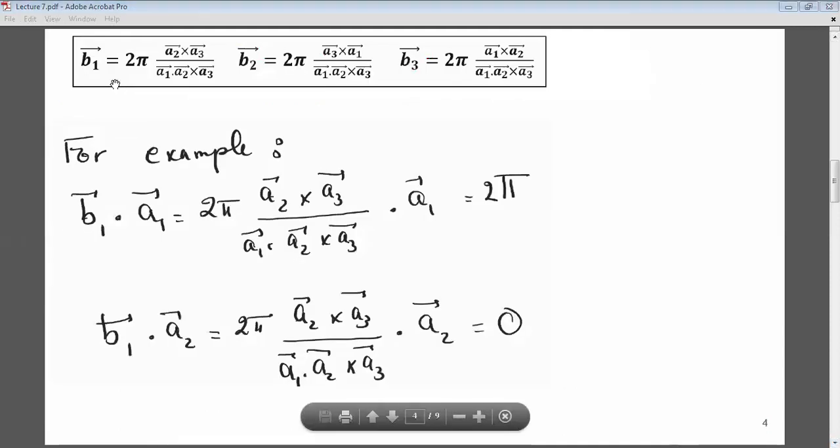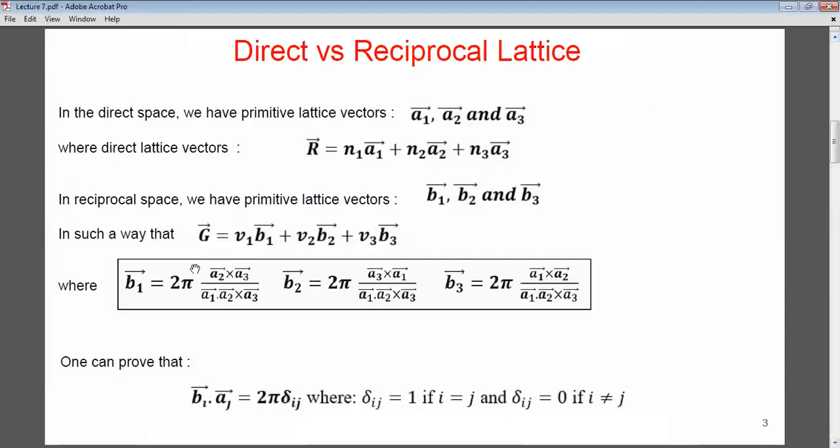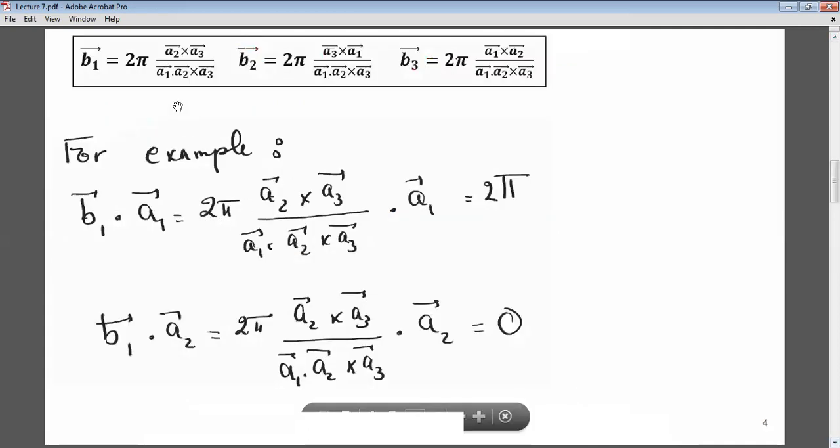We can prove it very easily by taking B1.A1 and B1.A2. So here I've written what the vectors B1, B2, and B3 are. So we start with B1.A1. So what is B1.A1? It is this thing, which is 2 pi A2 cross A3 divided by A1.A2 cross A3, and I dot product it with A1.